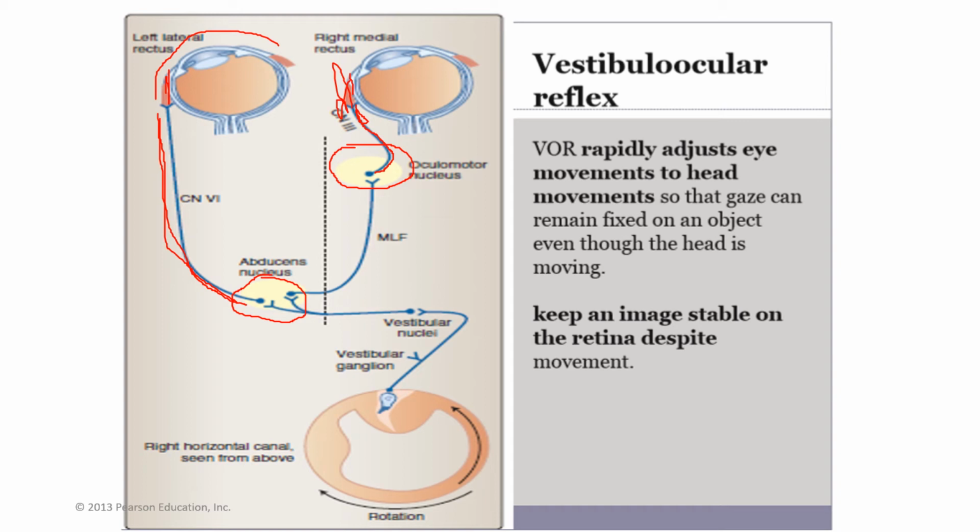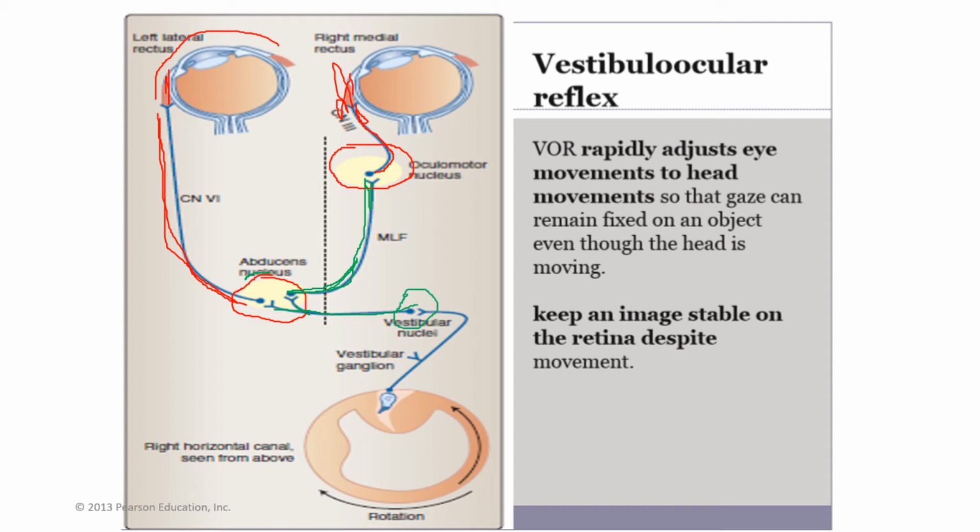And then, I'll switch colors, in green here, the medial longitudinal fasciculus. It crosses over, that dotted line is the midline of the brain, crosses over, chats with the abducens nucleus here, and then in with the vestibular nuclei.